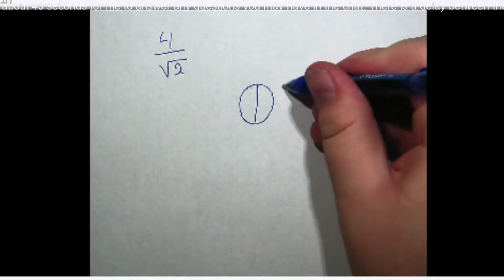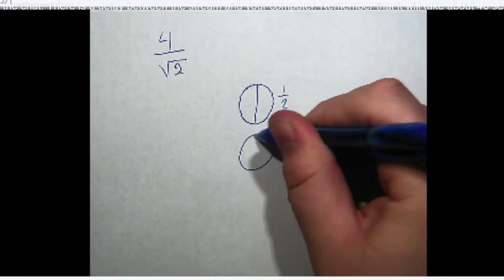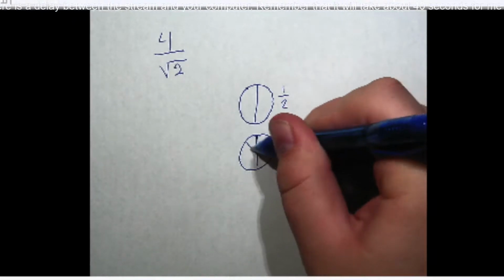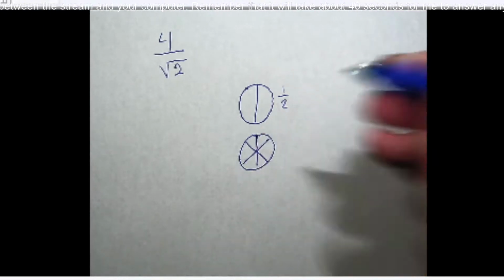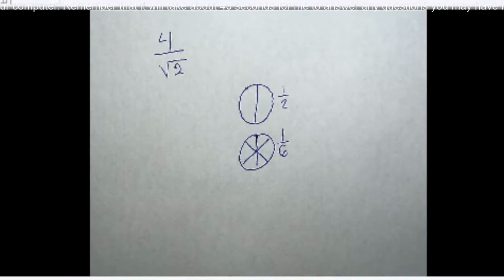Or in other words, I have 1/2, denominator 2. Or I could divide it into 6ths. That's divided by 6, or denominator 6. That denominator is telling us what kind of slice we have. So what kind of number.